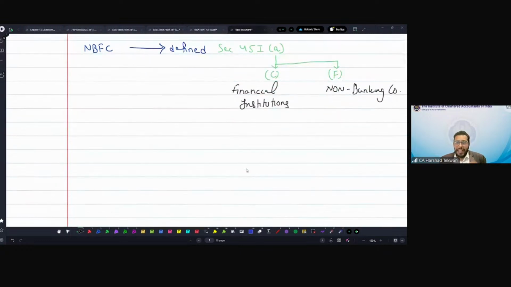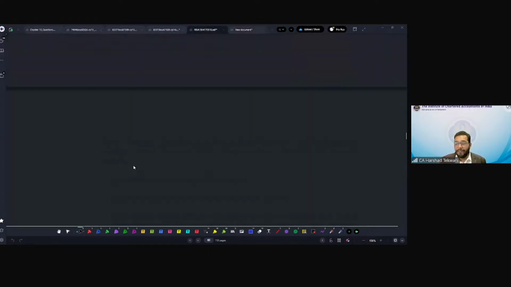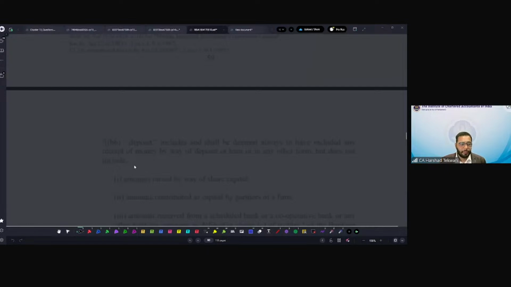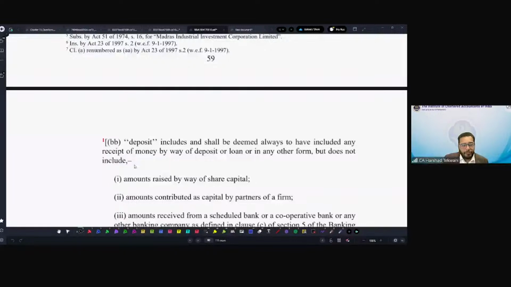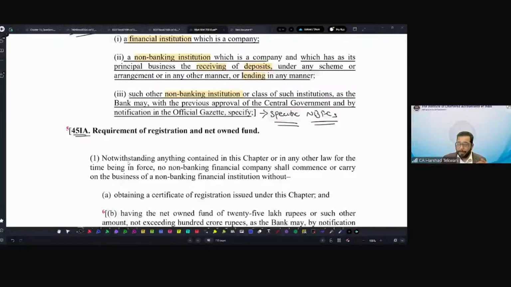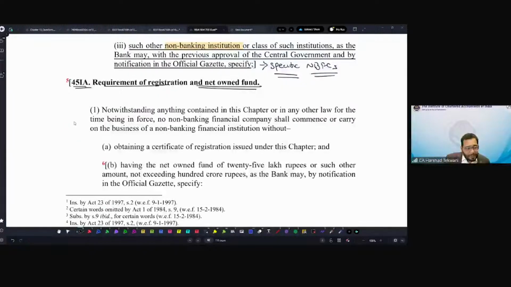Now, if they are called an NBFC, then there is a requirement in one more section, the section subsequent to 45IA. That section places a requirement of registration and net owned funds, and this is a special section, because the institution is nothing but your clause C and F as defined earlier.